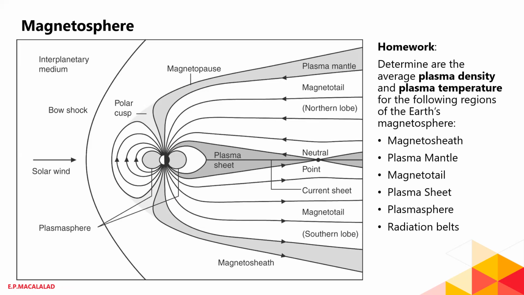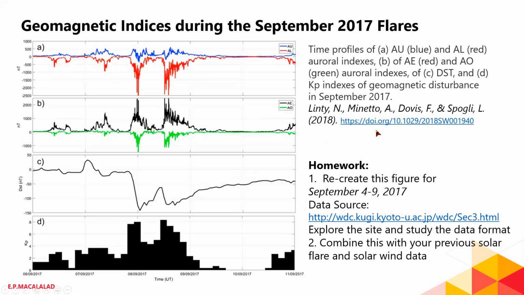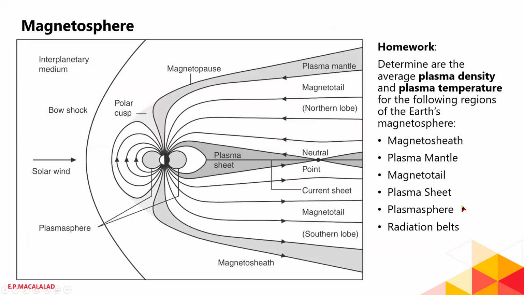So again, we have 2 homeworks. The first homework for this topic is to recreate this and combine it with your previous solar flare and solar wind data, just to give you a complete picture. And then the next homework, another separate submission, is that you give me the plasma density and plasma temperature of the following regions of the Earth's magnetosphere.